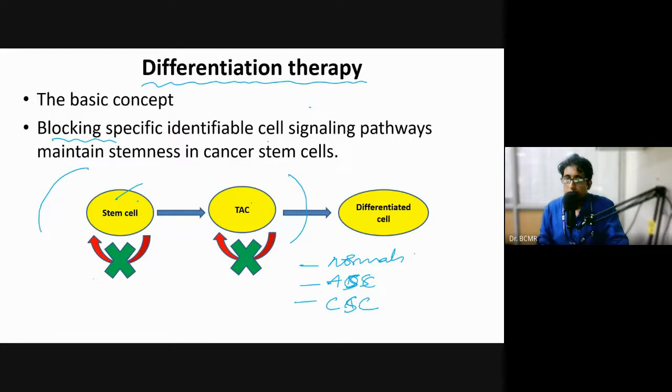And if you see any of the molecular signaling pathways involved or cell surface markers, they are shared at least among two of them. So anything that we found in cancer stem cells could be in adult stem cells, could also be in normal cells.